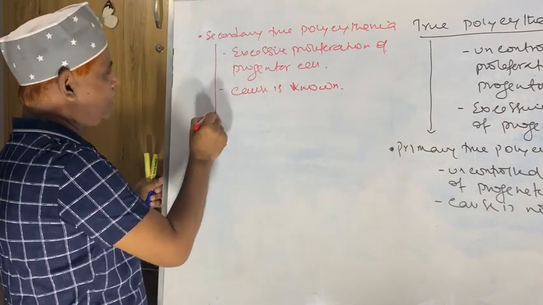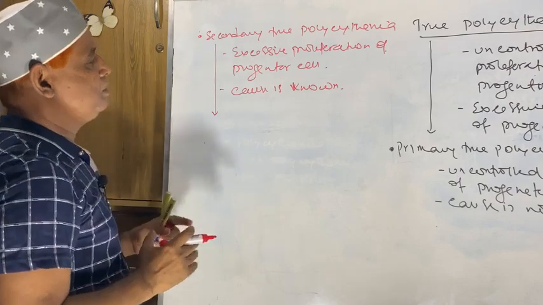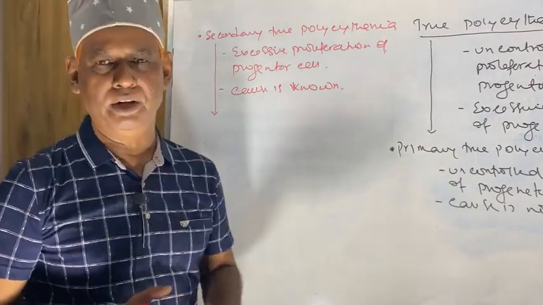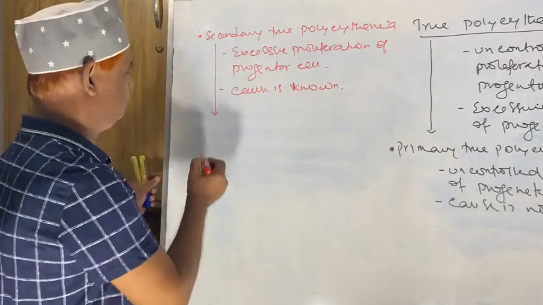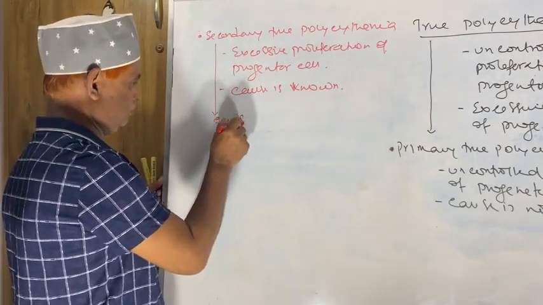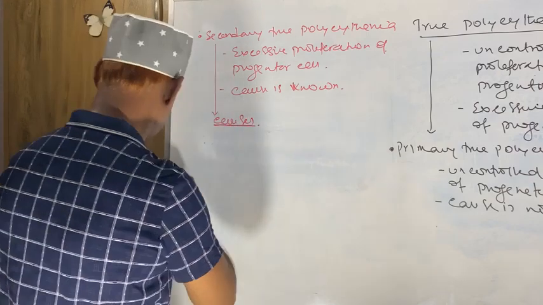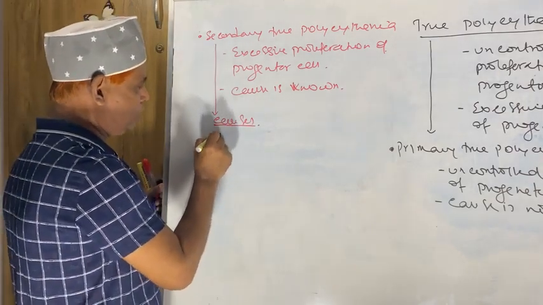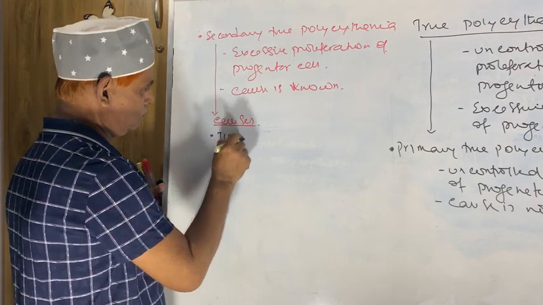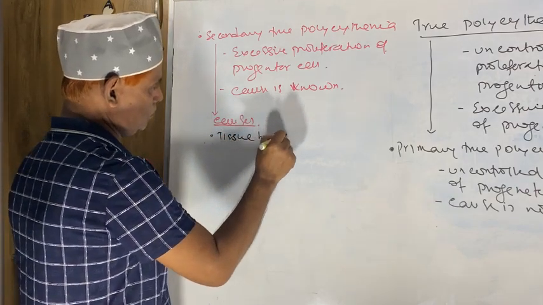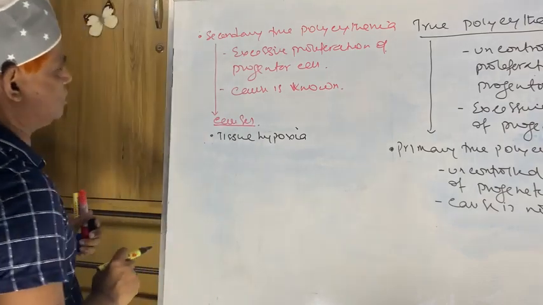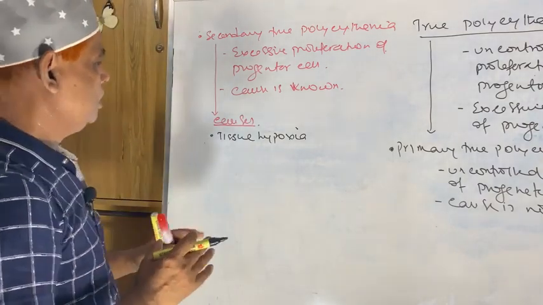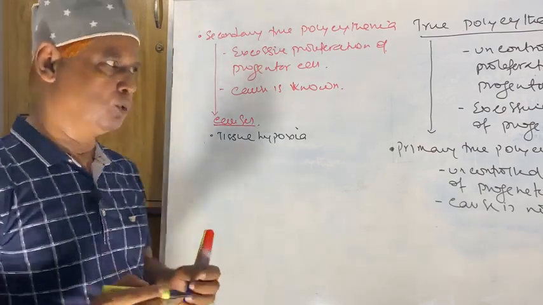Now come to what are the different causes associated with secondary true polycythemia. Number one, tissue hypoxia. What are the causes of tissue hypoxia?